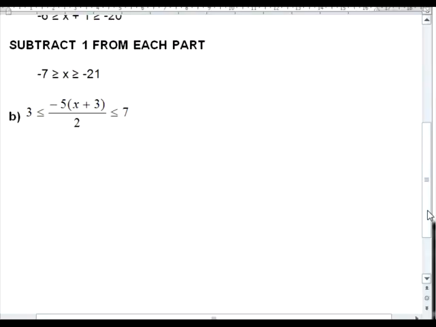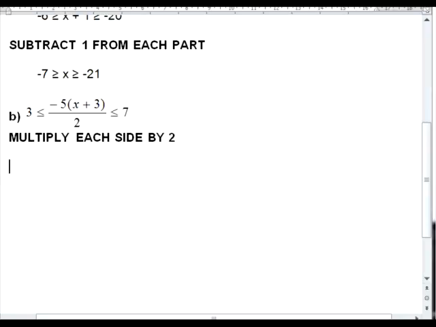So back to this question here. We're just going to assume then we're solving 6 is less than or equal to -5(x + 3)/2 is less than or equal to 7. So what would the first step be, please, Tanner? Okay, good. I'm going to multiply each side by 2, and that's going to remove the fraction.